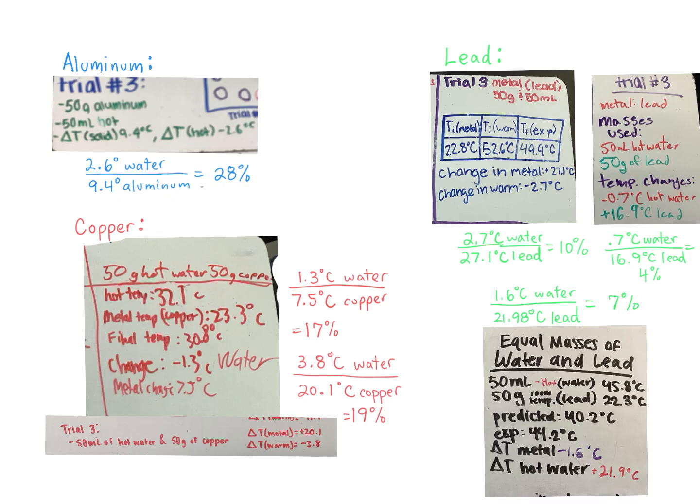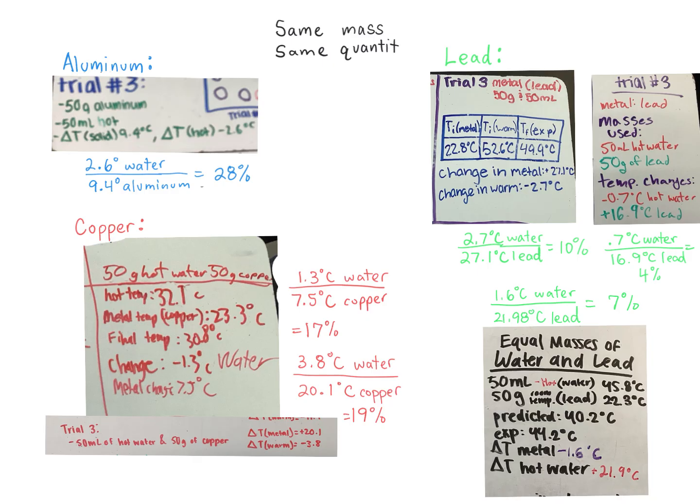We know that for trial 3, we used the same mass of water and our metal. So mass isn't going to be a factor here. That in this case is the same. We also know, because we used an insulated system, that there was the same quantity of energy exchange.